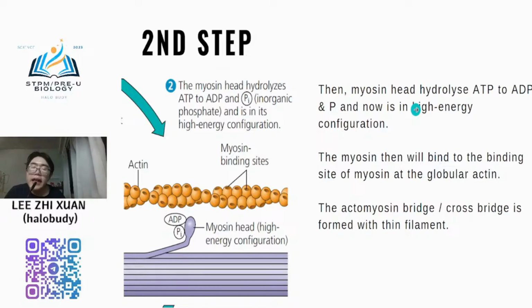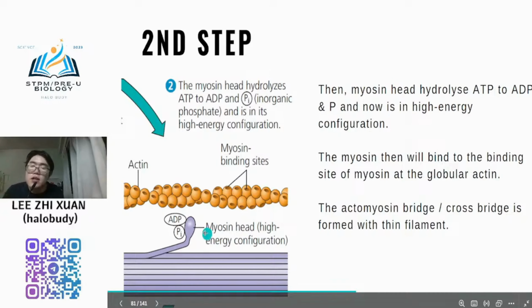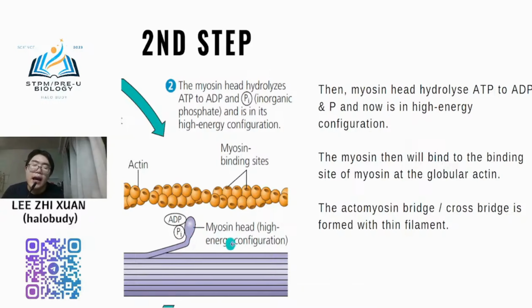Next, the second step. The myosin head will start to hydrolyze ATP to form ADP and a phosphate group. So it starts using ATP as energy, and it is now in high energy configuration.